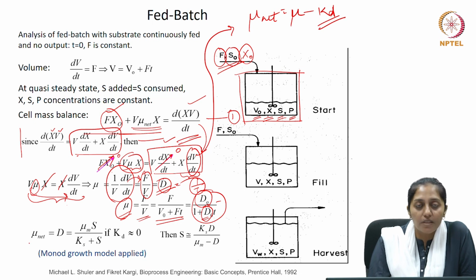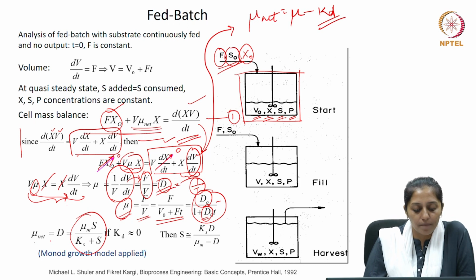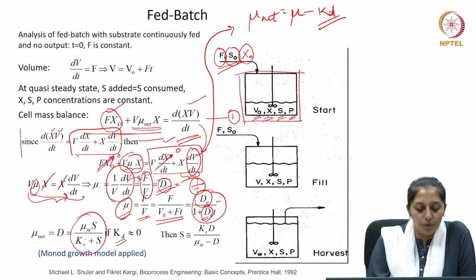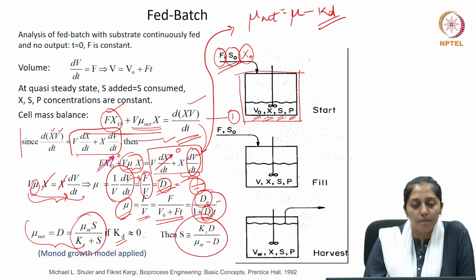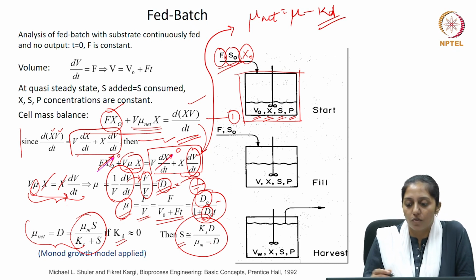Now, if this is following Monod's kinetics, then mu is equal to D at quasi steady state. The mu can be substituted as Monod's model in terms of S, if we are assuming that there is no endogenous metabolism present, and if you do the rearrangement of this equation, you will see S is equal to Ks D upon mu m minus D. So let us see how.